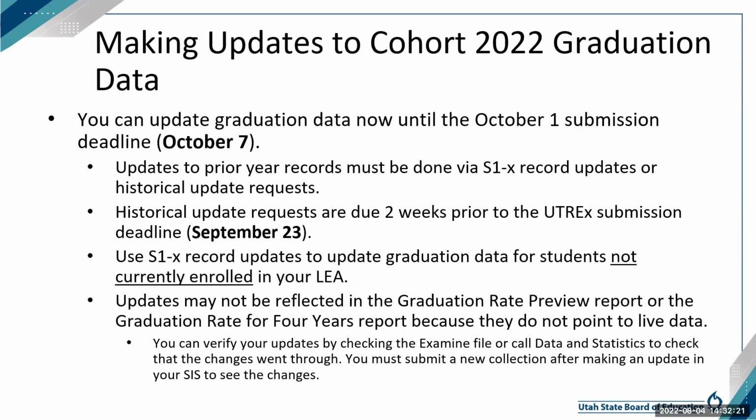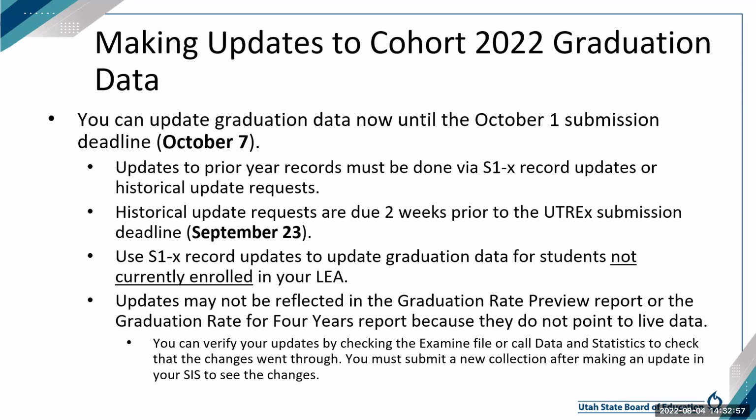So once the report is available, you can look at it and review the data, or even now, if there are students that need to be updated, you have until the coming October 1 submission deadline. Updates to the prior year records should be done either through an S1X record update or a historical update. Historical update requests are due 2 weeks prior to the submission period, so in this case, it's September 23rd.